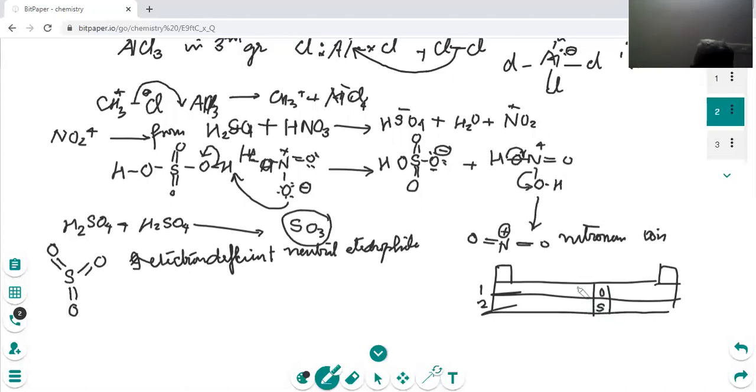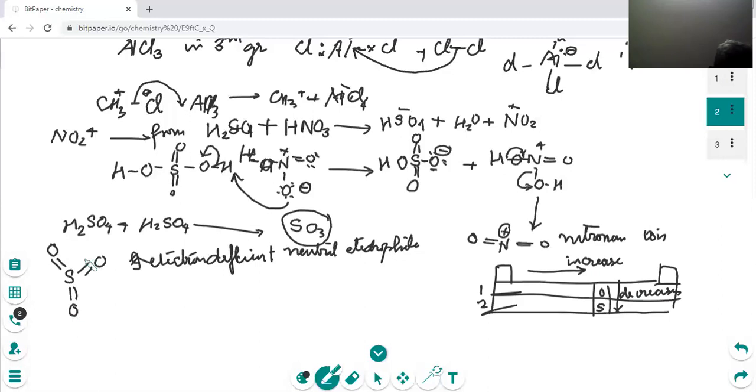Now look at the electronegativities. The periodic trend: electronegativity increases towards the right hand side and decreases down the group. So you can see oxygen is more electronegative than sulfur.